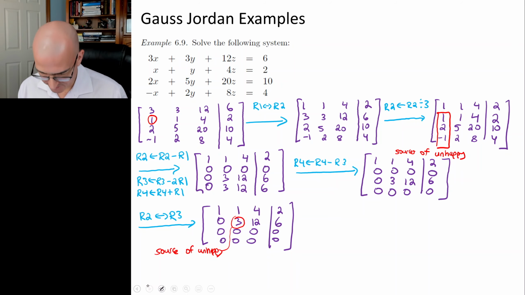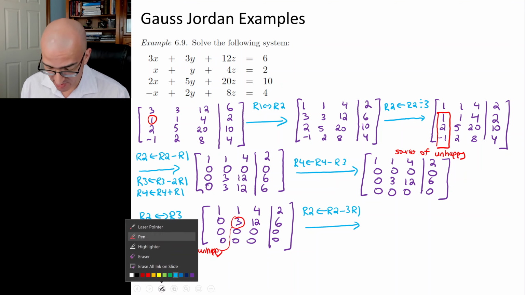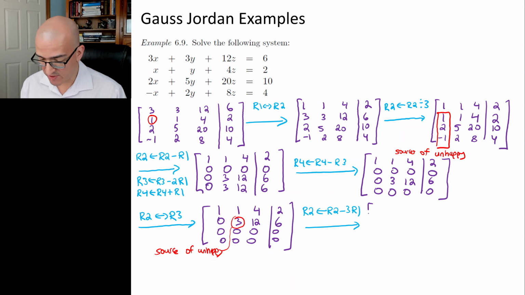So the move that I'm going to do is replace row 2 by row 2 minus 3 row 1. And again, yes, we can divide by 3 first and then do this move. It's a choice. Like I said, there's many paths to the answer. As long as we don't break any rules, we'll all get there, no matter which path we follow.